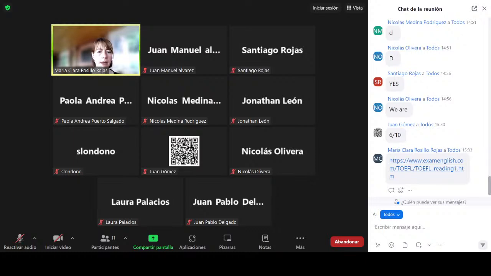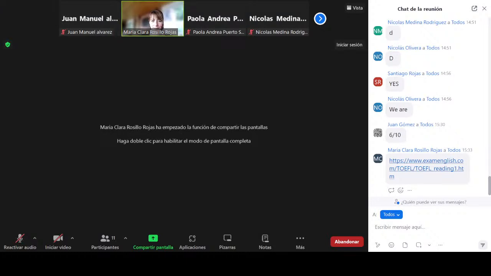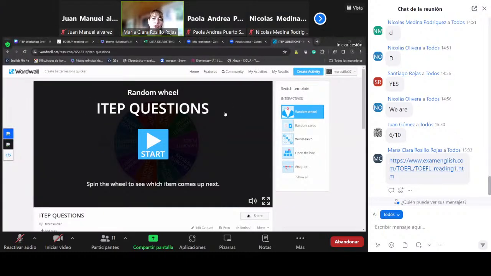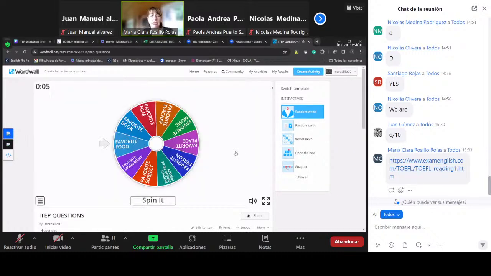I'm going to be sharing with you a random wheel. Let me see if it works. It is loading. This is a simple thing, on the first part of the item. So remember, you would have to speak for 40 seconds about the topic that you get.